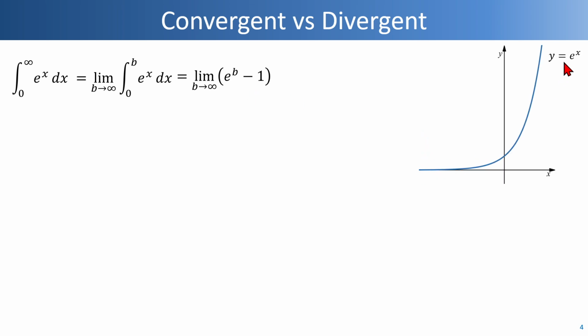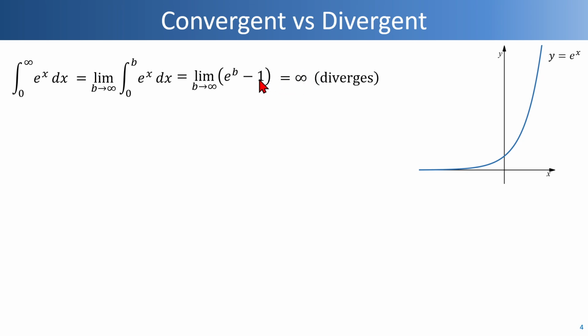If you graph y equals e to the x, it is exponentially growing. And so as you make the argument of the exponential become more and more positive, that's like moving farther and farther to the right along this graph, and the y values just keep going to infinity. So this limit's going to be infinity because of the first term.